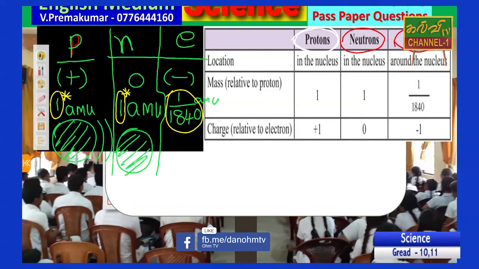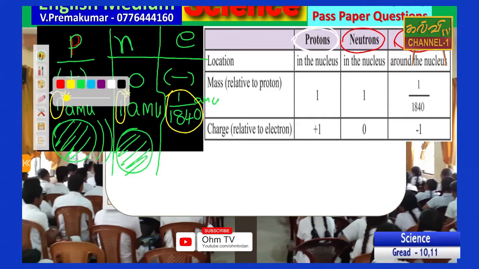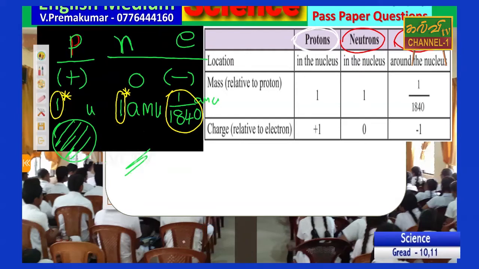Like that, when they consider the mass of the atom, they only consider the mass of protons and the mass of neutrons.